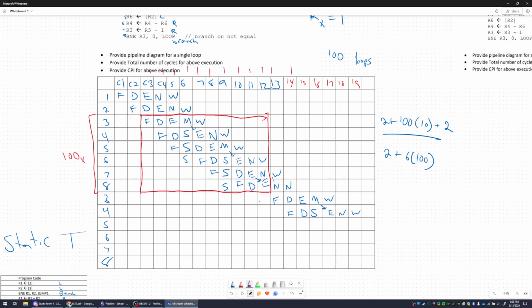So we have to wait for this branch to actually calculate where to go. It's not really a stall per se. It's just that normally there were no lines of code left to run.